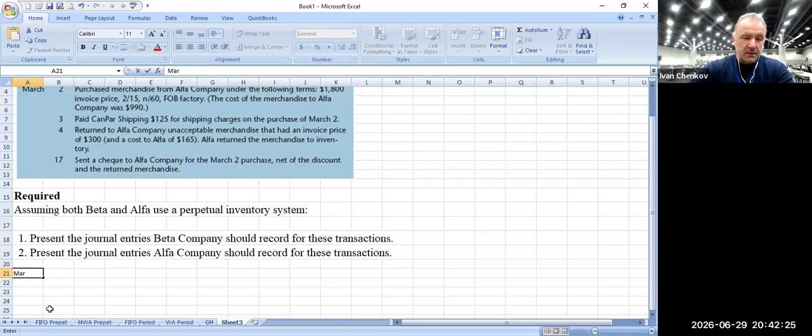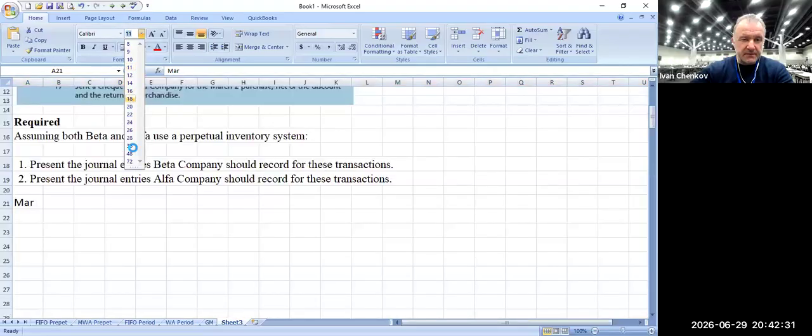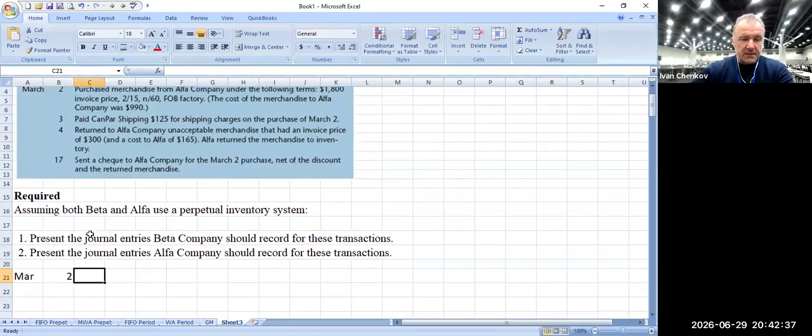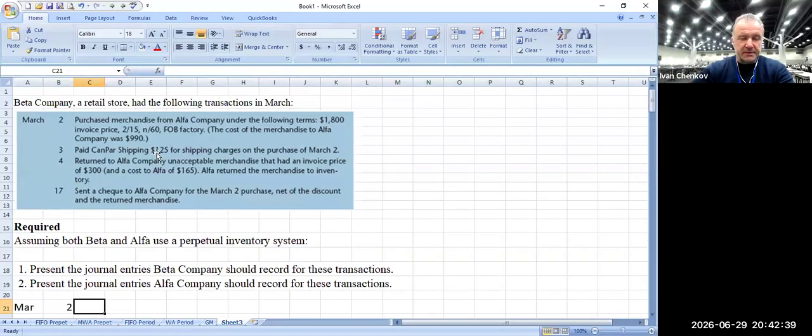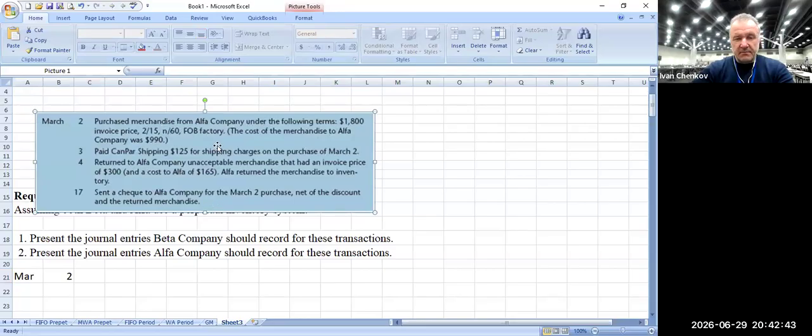So March, let me make this one bigger here. This section is going to increase the sales value. And we start with March 2nd. On March 2nd, what will happen is we purchase from this company the following item, $1,800 invoice price, free on board factory, cost of the merchandise from Alpha company.